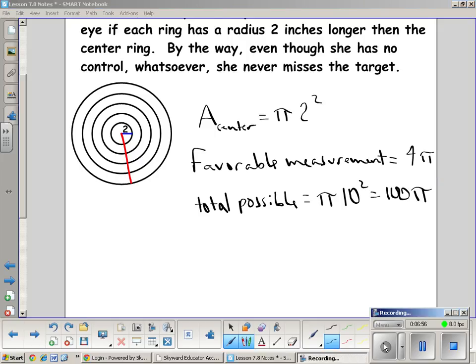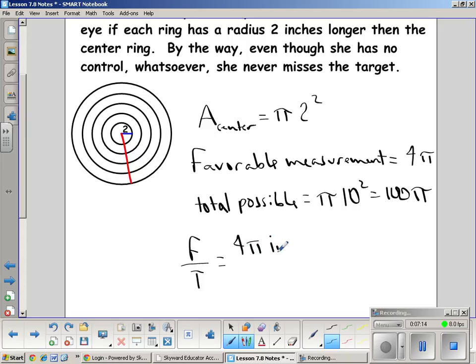What was the formula to find geometric probability? Favorable measurement divided by total possible measurement, right? So favorable over total. And so that's 4 pi inches squared over 100 pi inches squared.